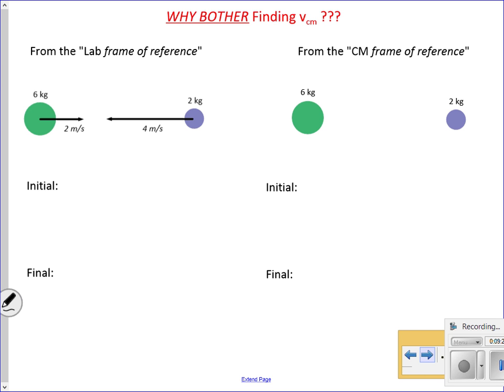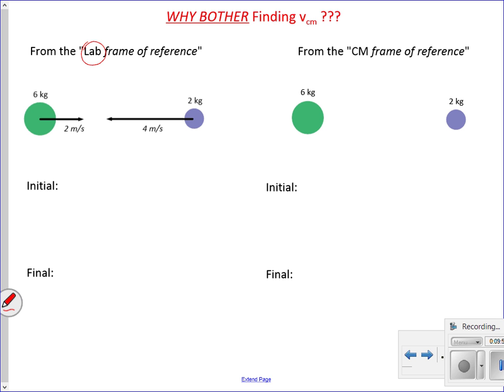You have to imagine yourself being able to observe this system from not the typical, standing on the floor, motionless, stationary observer sort of existence that you're used to. And when we do that, something really cool happens. So let's look at what we call the laboratory frame of reference here, which is me standing here on the floor, everyday life, stationary.